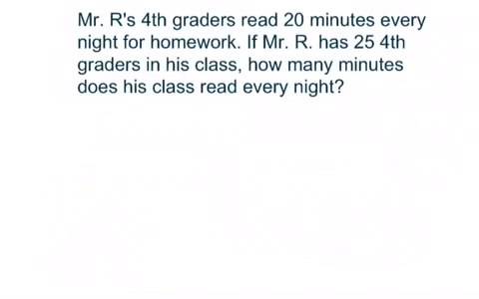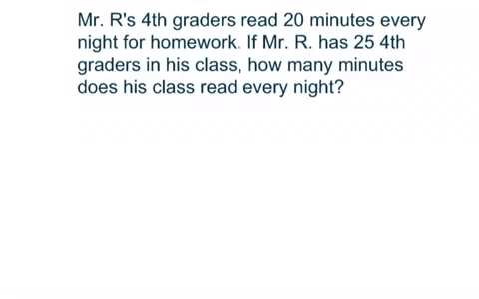So, alright, now with multiplication and division, this is what we were doing today. So if Mr. R's fourth graders read for 20 minutes every night for homework, if Mr. R has 25 fourth graders in his class, how many minutes does his class read every night? So once again, they know that it's a group of 20 minutes.